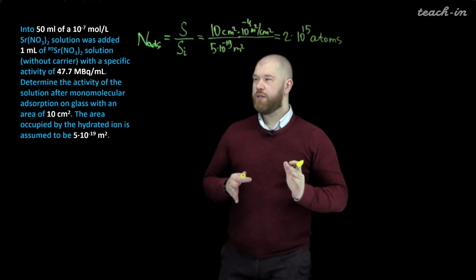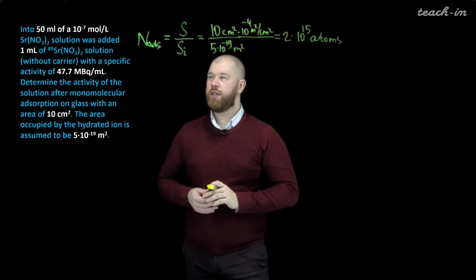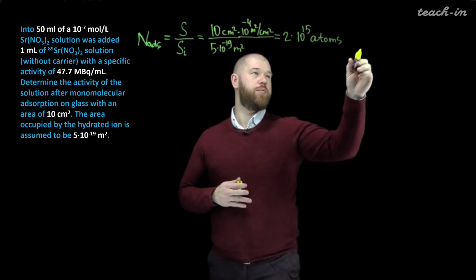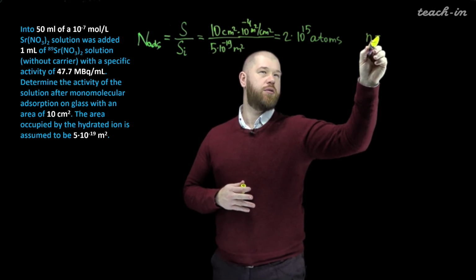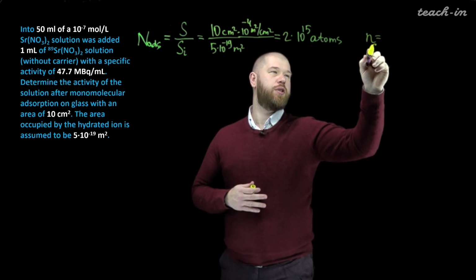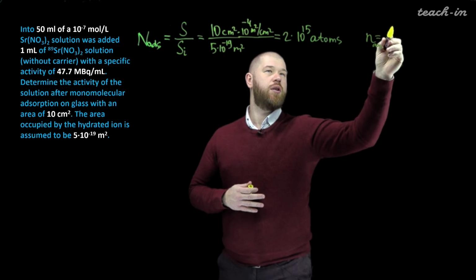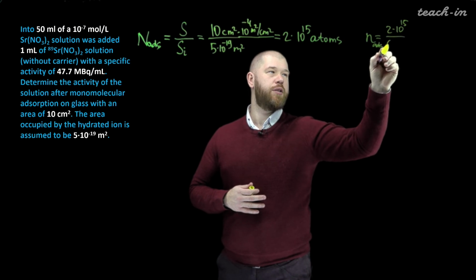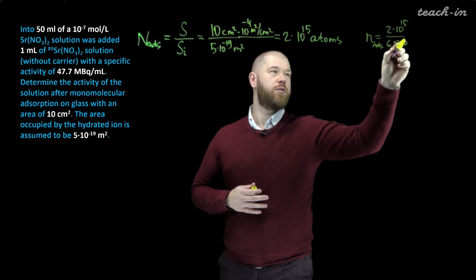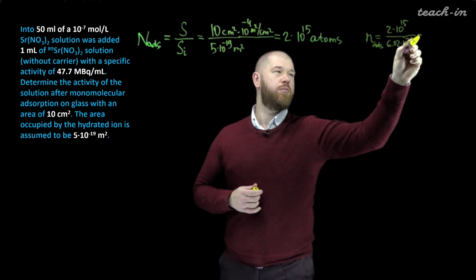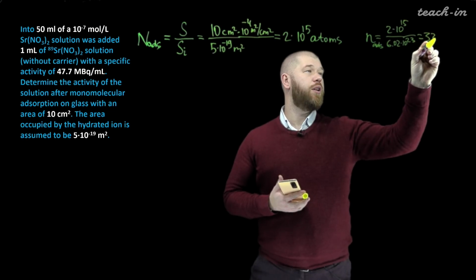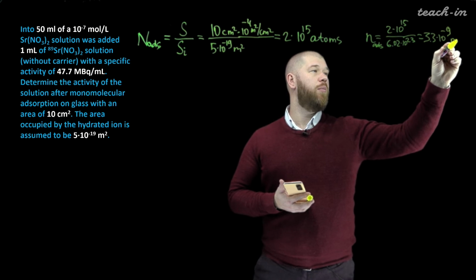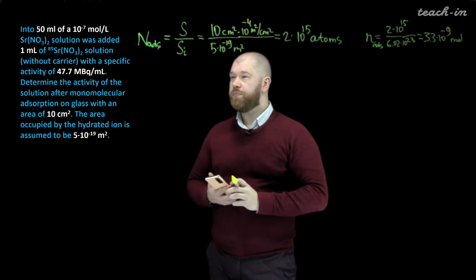Okay, it is the number of atoms that are adsorbed on the glass. The amount of adsorbed atoms will be equal to the number of atoms divided by the Avogadro number: 3.3 times 10 to minus 9 moles.